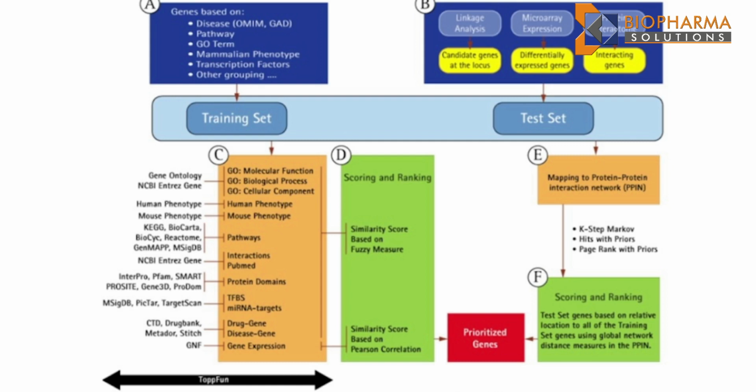Then based upon that, a scoring is made and you compare that with the training set. So the test set is going to be compared with the training set, and for the test set, a complete scoring would be made so that you will be able to pick up these molecules with high score along with the training set.